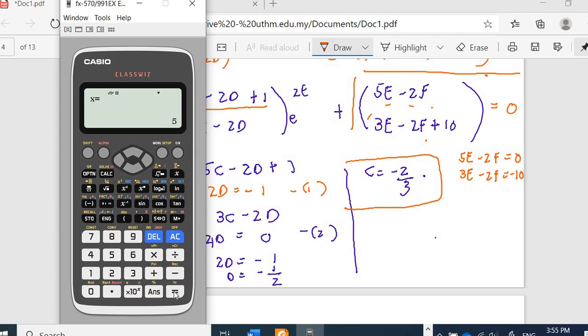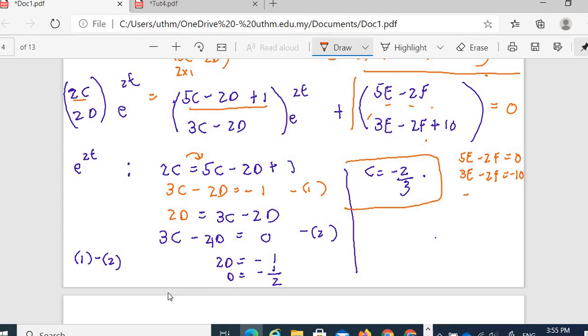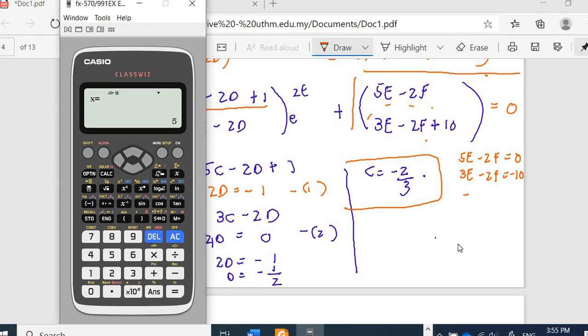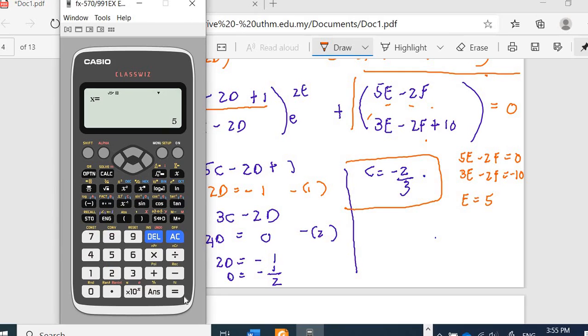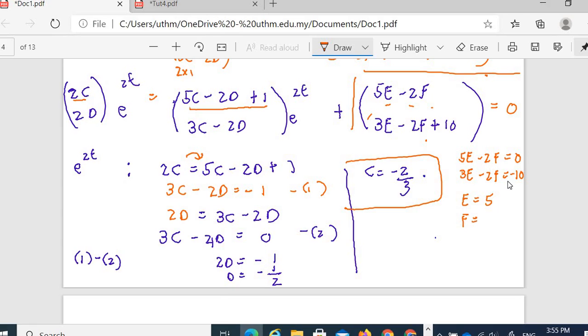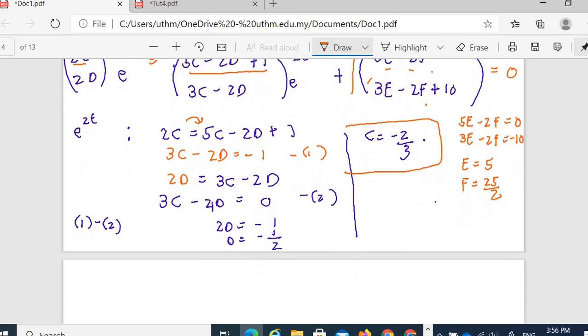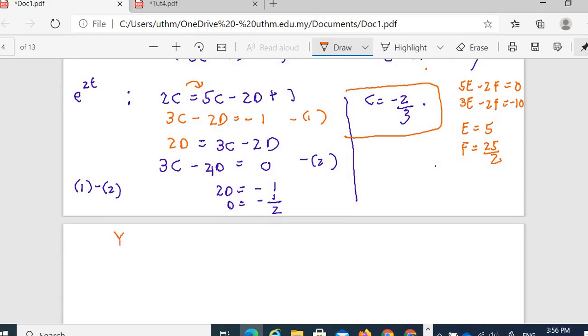So x is actually my e. So e is, okay, this is the solution, e equal to 5. And then the y is actually my f, which is 25 over 2. So f equal to 25 over 2. So yp just now we said is actually what?